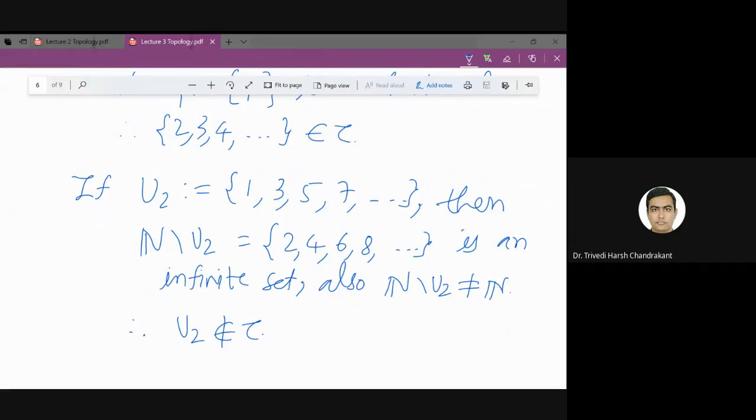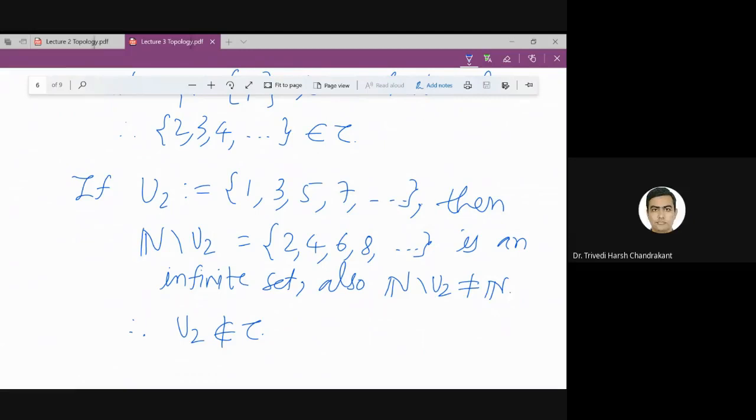So what is the interpretation of U2 not being an element of tau in terms of open sets? It's the exterior element. No. What are the elements of tau? What do we call them?